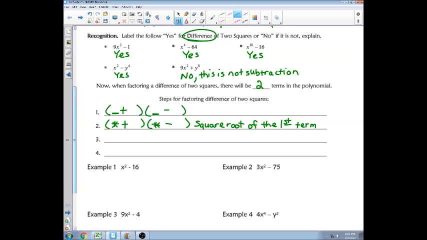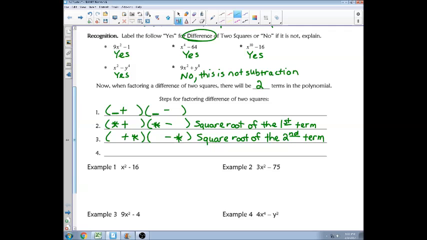The next step, now that I have the square root of our A term in the first blank, I need to fill in my second blank. So I'm filling in this blank right here. I'm going to take the square root of the second term.